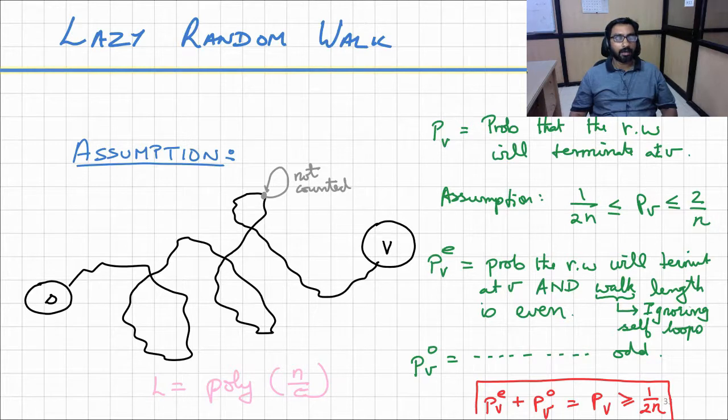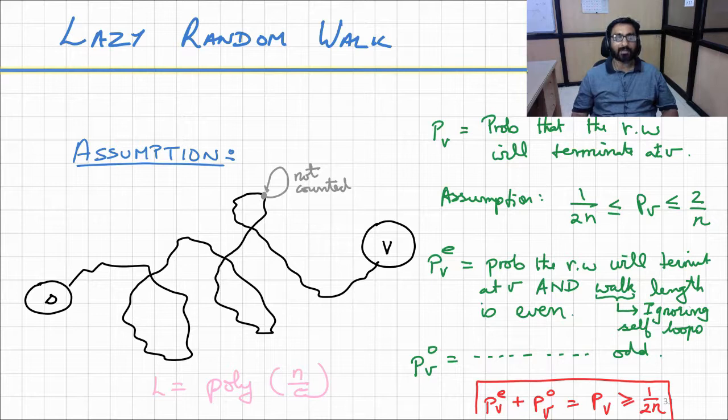Clearly, PV superscript E plus PV superscript O add up to PV, and we know that PV is at least 1 over 2n.